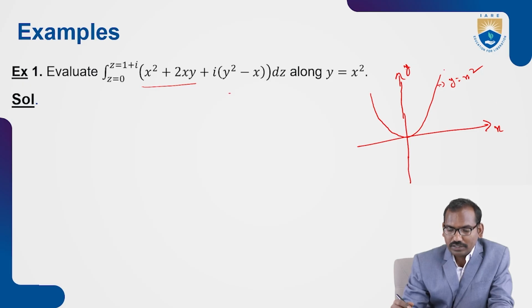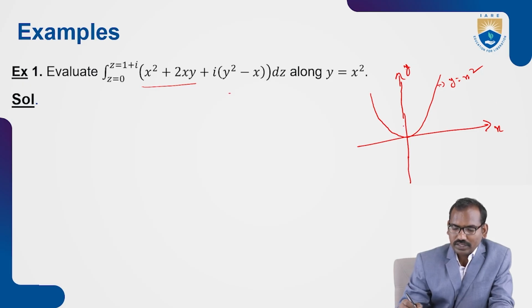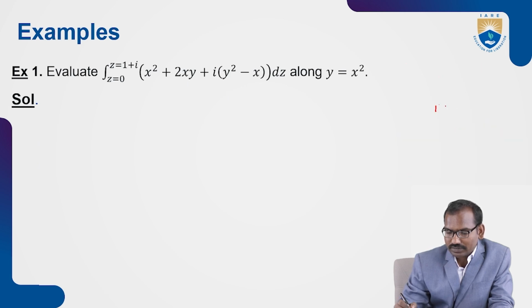So from where to where do I need to perform integration? I have to perform it from this point z is 0 to another point on the curve y is equal to x square. This point is nothing but 1 plus i.